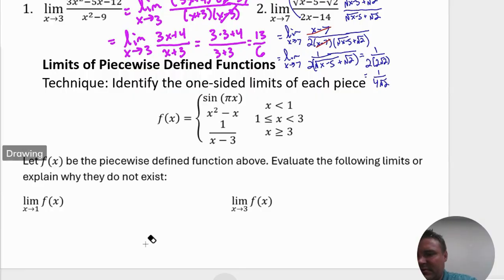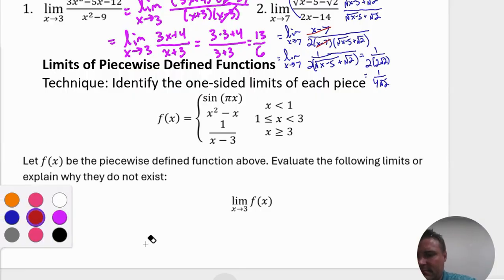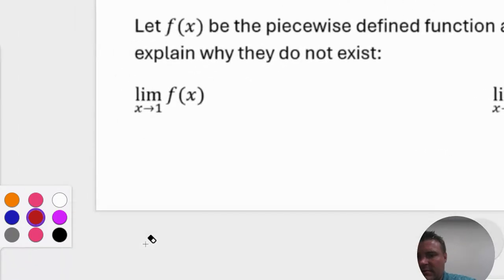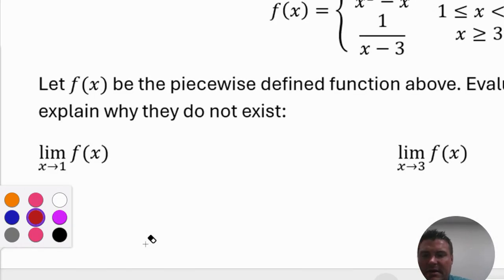So for this first one right here, in order to identify the limit as f of x approaches 1, I'm going to look at the limit as x approaches 1 from the left of f of x.